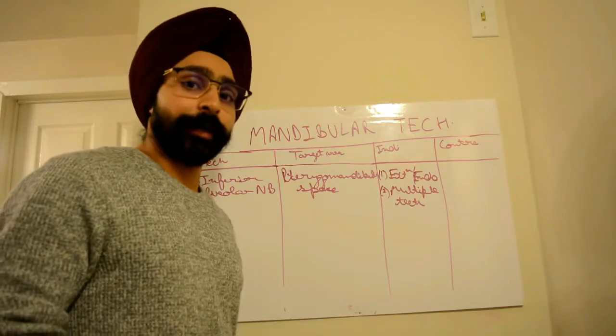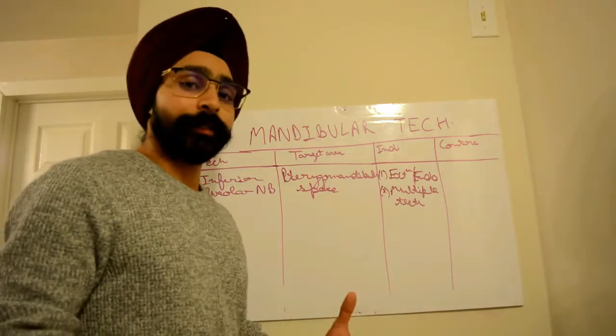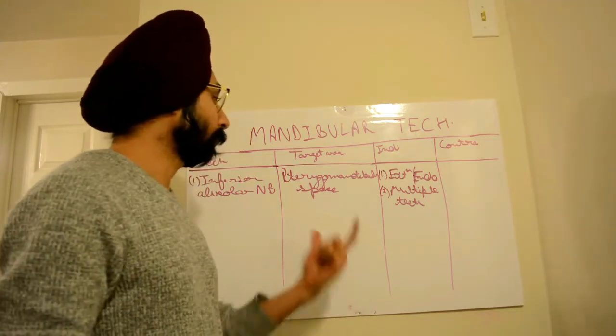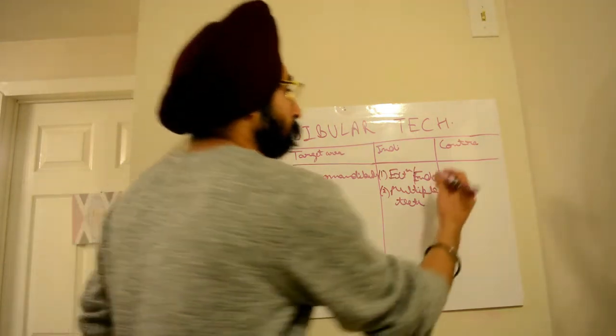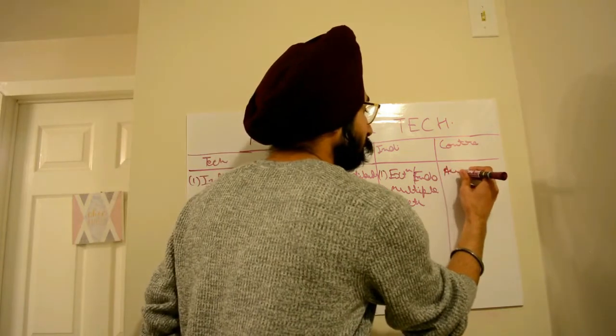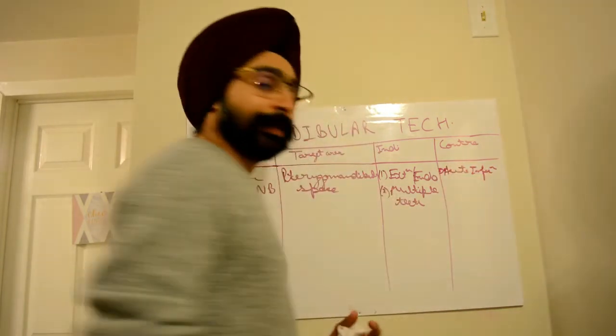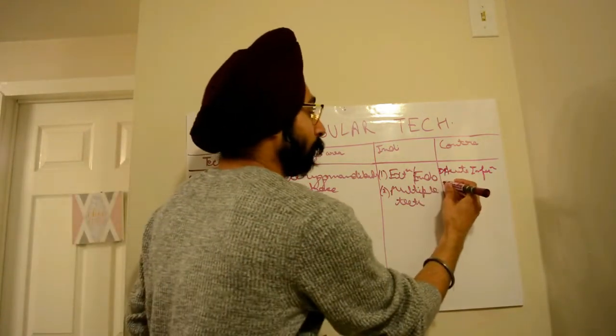What are the contraindications? The main contraindication is if there is acute infection or inflammation present at the site of injection. Second, if patient has any bleeding disorder.